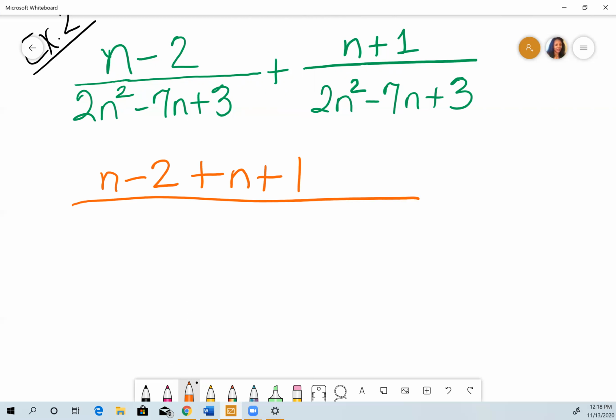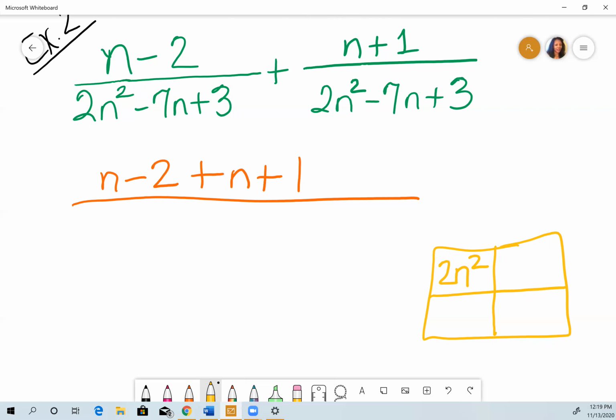If you have forgotten how to factor, what you can do is go to the side over here. Let's just create a box with 4 squares in it. For that first term, we're going to always put that in the first box. And the last term, we're going to always put in the last box. So I multiply these numbers, 2 times 3, that's 6.